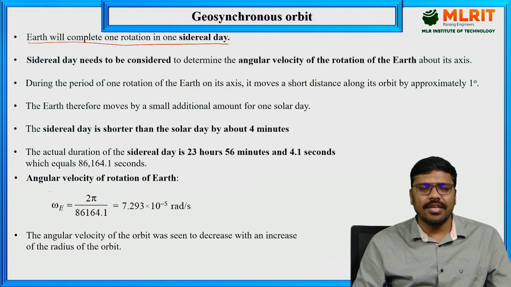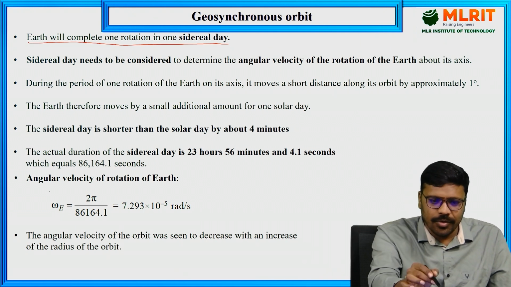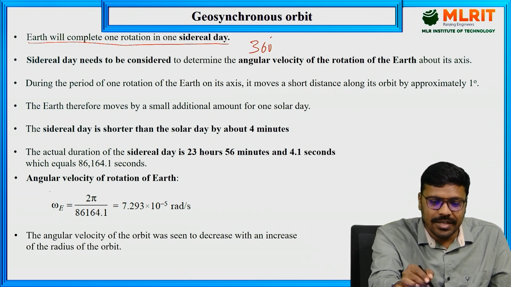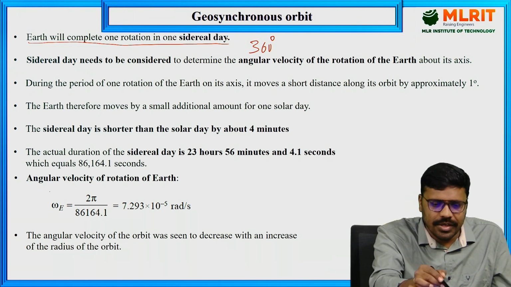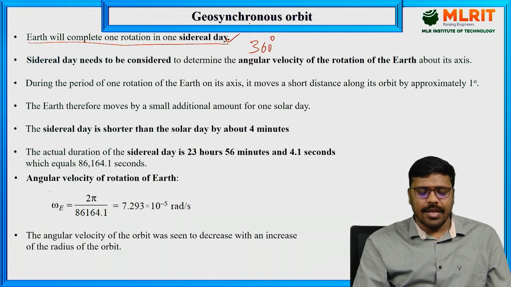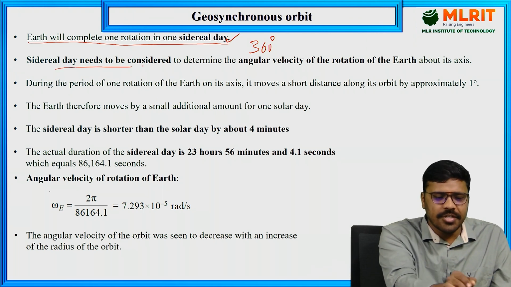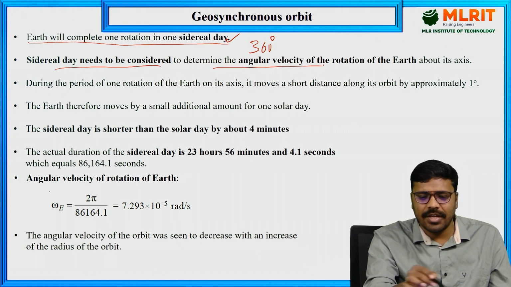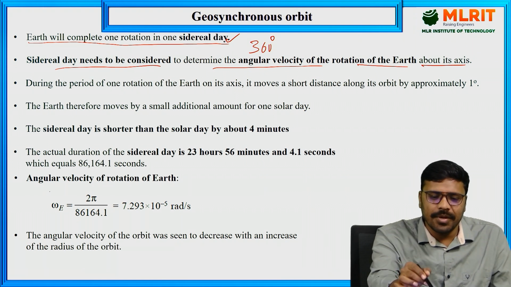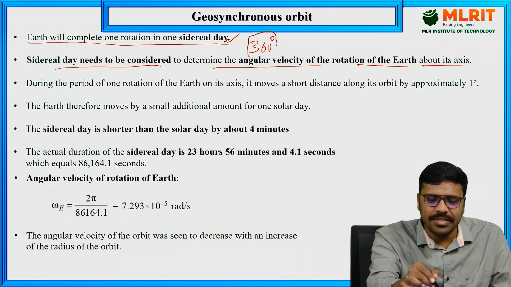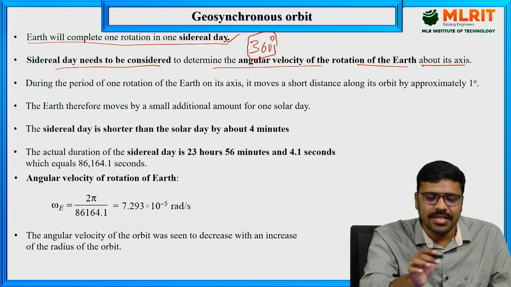Generally, we think Earth takes 24 hours to complete one rotation, but actually the time taken for the Earth to complete a 360 degrees rotation is called the sidereal day. The sidereal day needs to be considered to determine the angular velocity of the rotation of Earth about its axis.